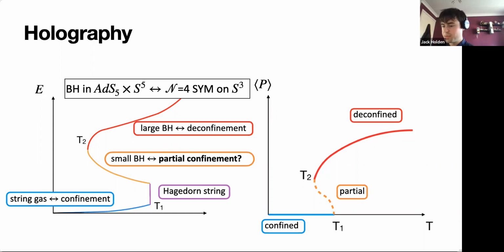And so the properties which are relevant for the small black hole are things like that it has a negative heat capacity, and we would expect that you'd be able to do, in principle, a calculation in the bulk if you took multiply wound Wilson loops or multiply wound branes, which will correspond to multiply wound Polyakov loops in the field theory, and then you should be able to recover the eigenvalue distribution in the bulk using that.